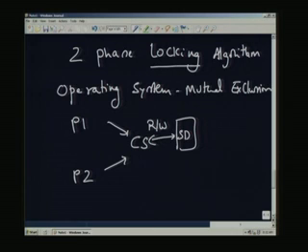So, in essence the mutual exclusion problem allows only one of the processes to be in the critical section. If one process is in the critical section, it excludes the other process from being in the critical section. This is what we understand in operating systems as the mutual exclusion problem.